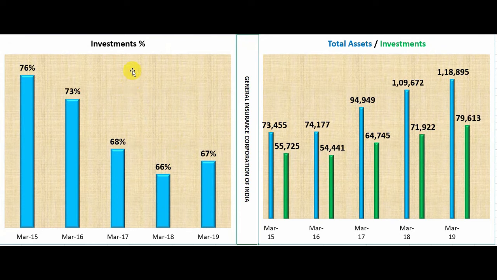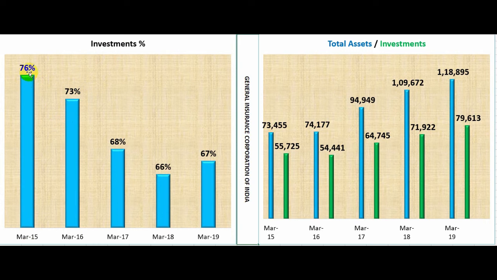The company's investment portion: earlier we saw the other income percentage. We saw that other income contributed heavily to the net profit, because most of the time the company was making operating losses. So we see here in March 15 the company's investments were very high at 76%, and this is what it needs to do.